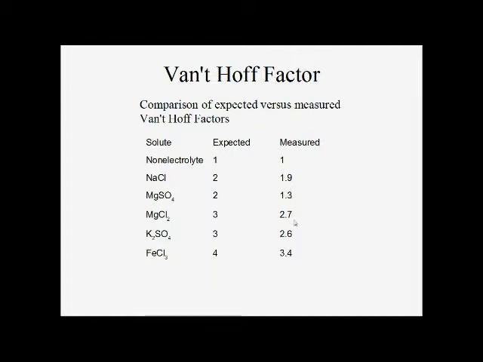We get 2.7. For potassium sulfate, we would expect 3. We get 2.6. For ferric chloride, we would expect 4, and we get 3.4. So we can have the measured value equal to the expected, but we won't have a larger number.